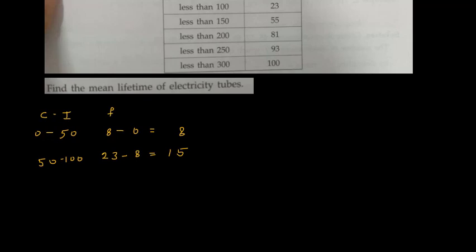the next class is 100 to 150. Here the frequency will be, just first make the column. So 100 to 150, it will be 55 minus 23, which is 32.